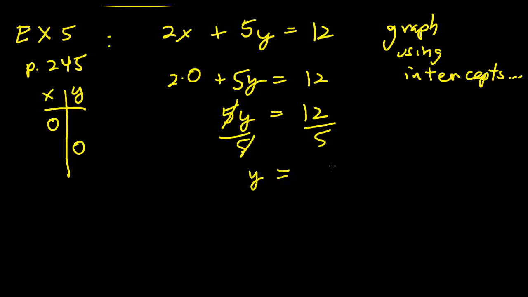I get y all alone on the left. Y equals 12/5. I can't really reduce that. Now, don't go to decimals and don't go to mixed numbers here. What I'm going to do is do my best to graph this as an improper fraction. Okay? Well, 12/5 is somewhere between 2 and 3, right? I'll worry about that in a minute.